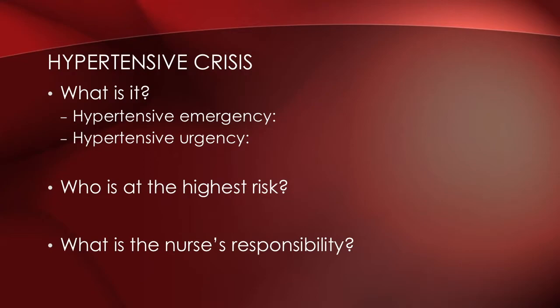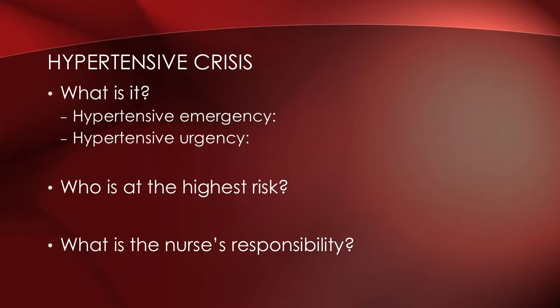Again, for hypertensive emergency, we don't want to just drop it from 200 to 100, because that person's going to end up with all kinds of organ failure and strokes. So they're going to go on that lowering goal of 20 to 25% within the first hour, and then gradually lower it over hours to days.